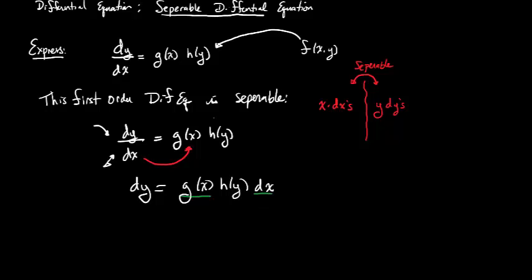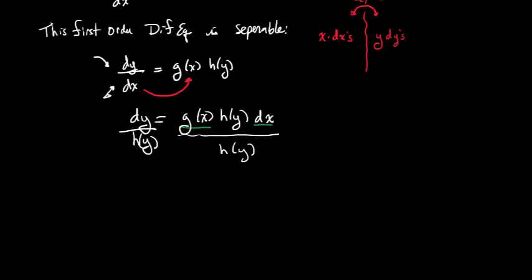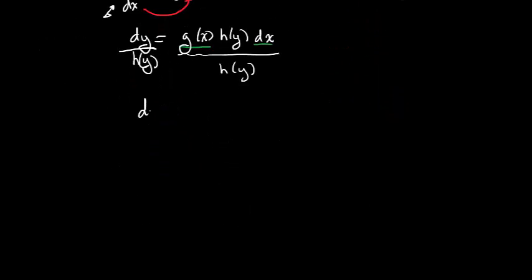Now if I want to get the h of y on the other side, I'm going to divide both sides by h of y. Notice here, this will give me dy over a function of y is equal to g of x times dx.